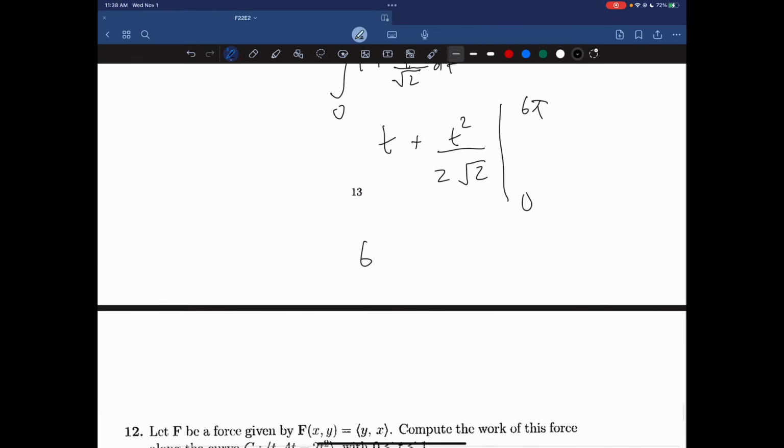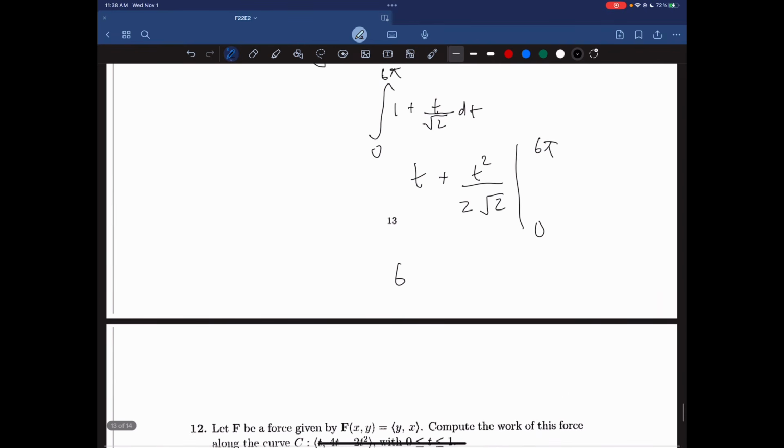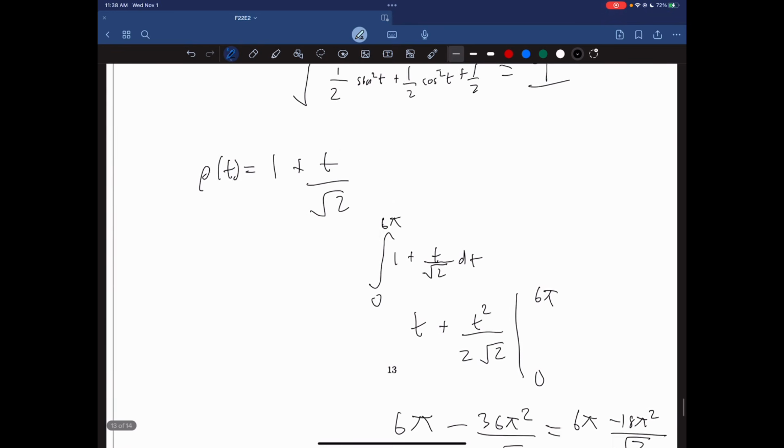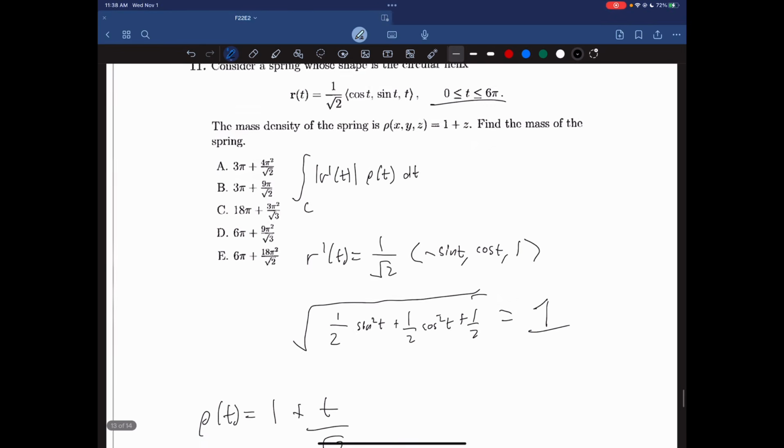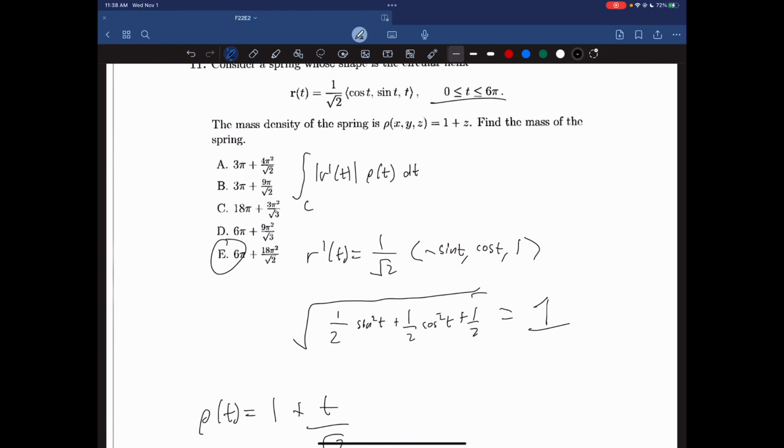We don't need to worry about the 0 because that will all cancel out. That is just 6 pi minus 36 pi squared over 2 root 2, which is just 6 pi minus 18 pi squared over root 2. And hopefully that's an answer. Yes, that is E. Nice.